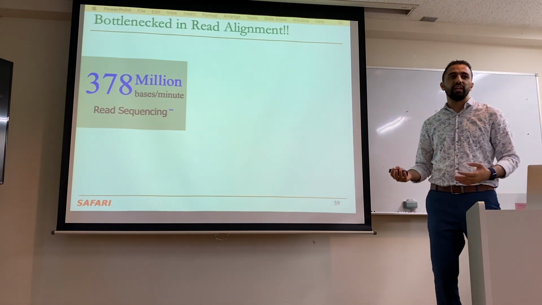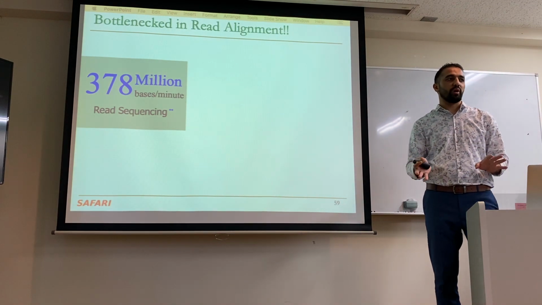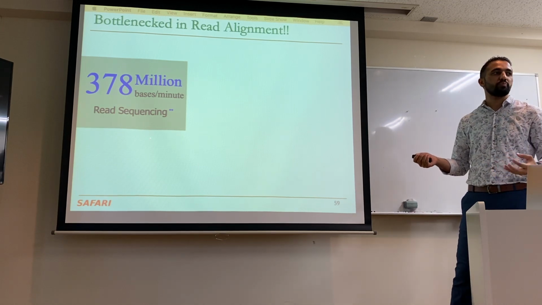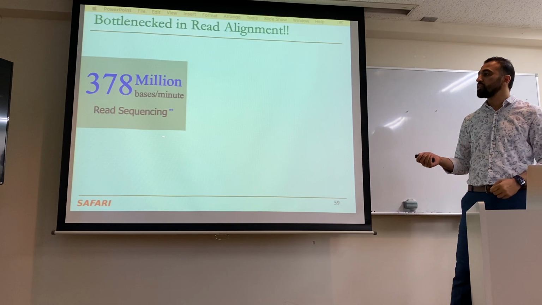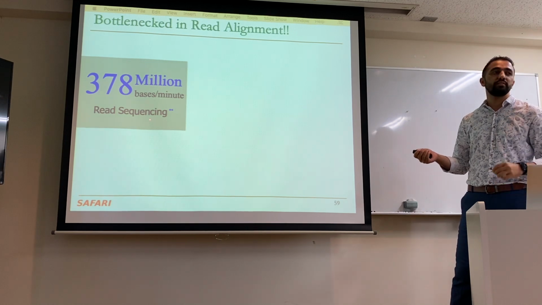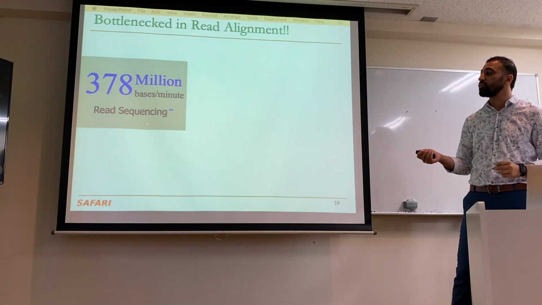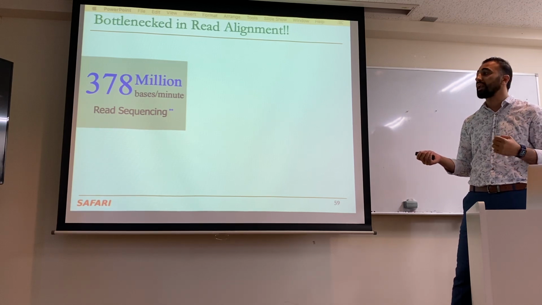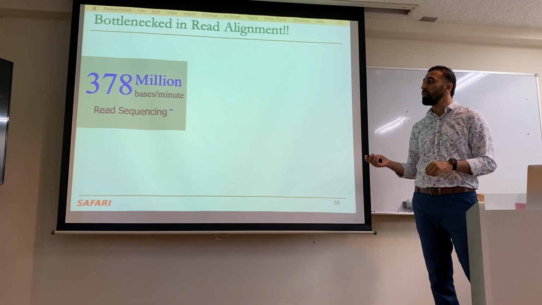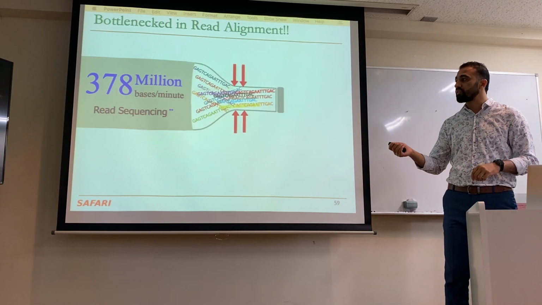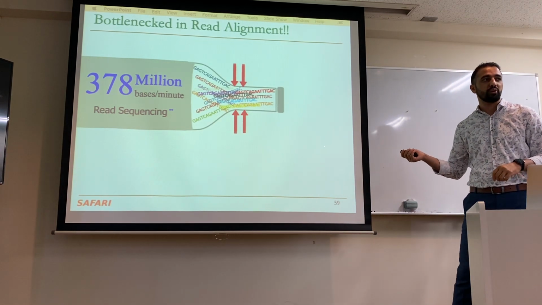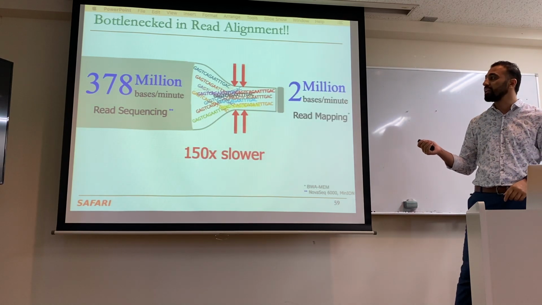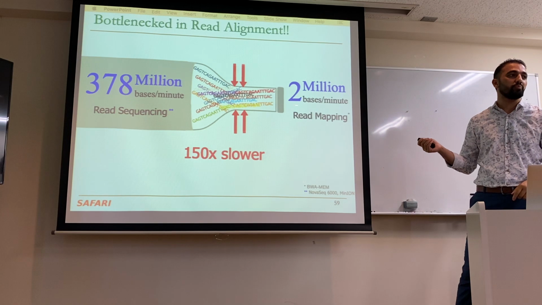However, regardless of the read aligner we are using, even the fastest one, Minimap2 for example, here's the workload that is produced by the sequencing machine. So one of the best sequencing machines that we have with high throughput can produce 378 million characters per minute. However, when we get the reads from the machine and send them to our algorithm to do read mapping, the best algorithm that we have can only analyze 2 million characters per minute.